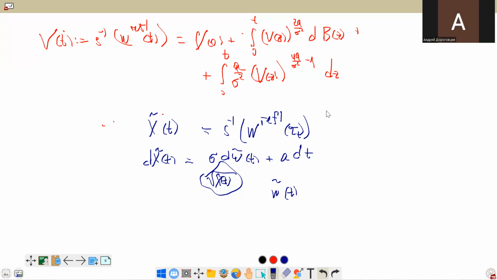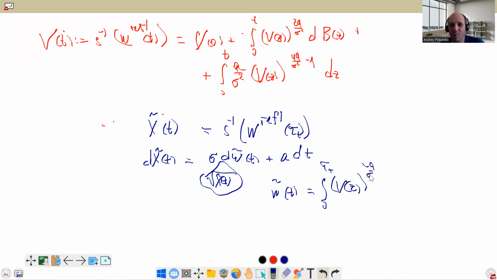So W with tilde is some integral with change, okay, this is probably integral from 0 to tau t of V of z to a over sigma squared dB of z. It seems to me this is the process, and maybe times sigma over 2 or times sigma. No problem. I just asked because you mentioned it, and usually it is so.